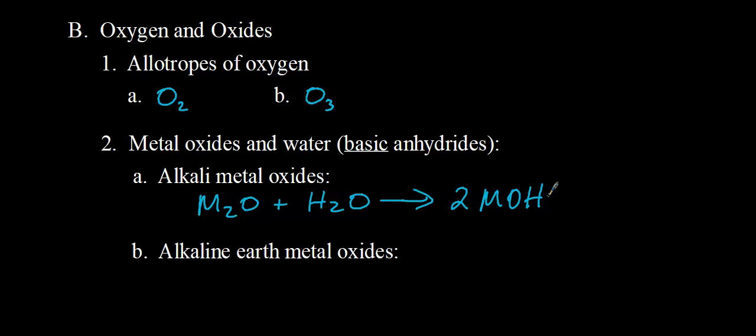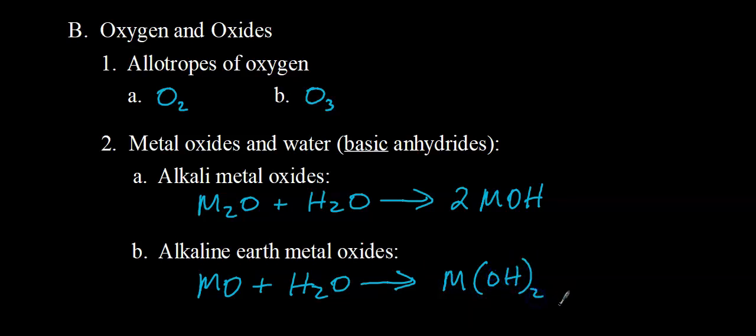Alkaline earth metals. Reaction between an alkaline earth metal oxide and water, again, produces the metal hydroxide. Our metal could be calcium or magnesium or strontium, barium, any of those.